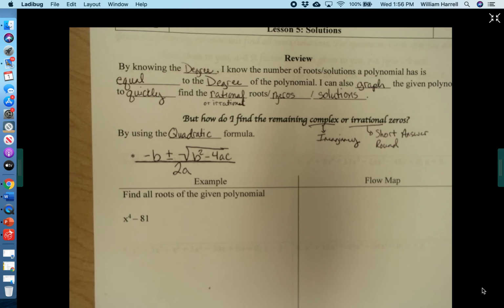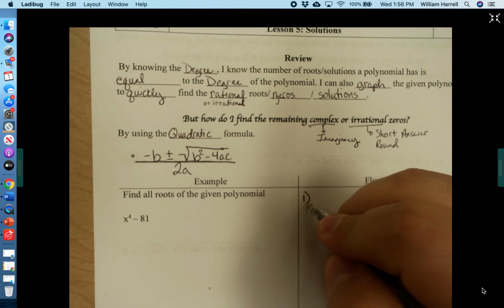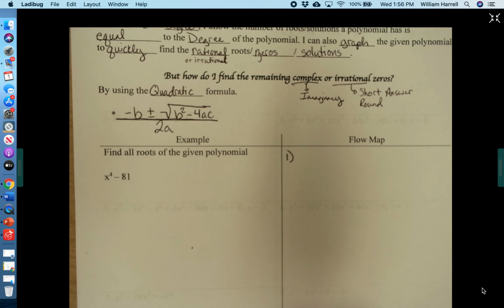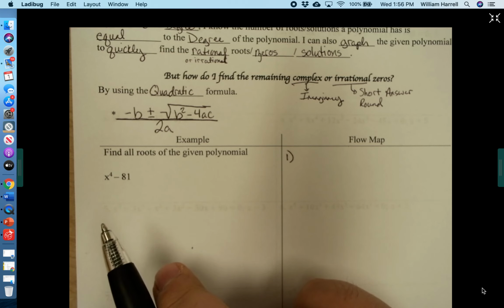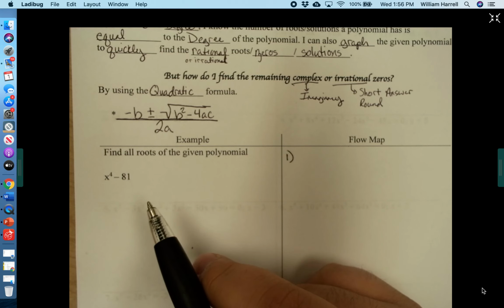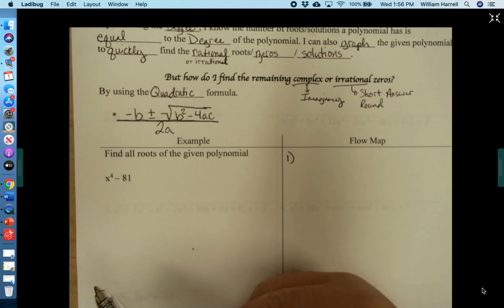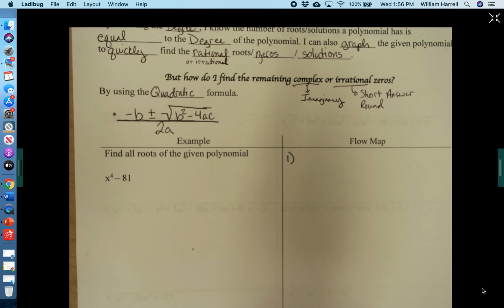Now, in this example, find all roots given the following polynomial. I'm going to do this example and write a flow map at the same time. The first thing I always want to do, and this doesn't have to be just with polynomials, it can be an equation, so I'm going to treat this as an equation, and then worst case scenario, you know how to do it.